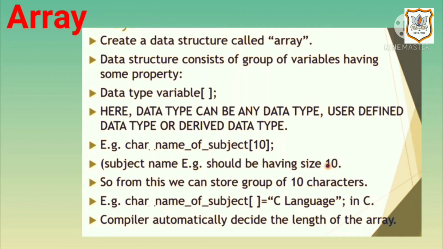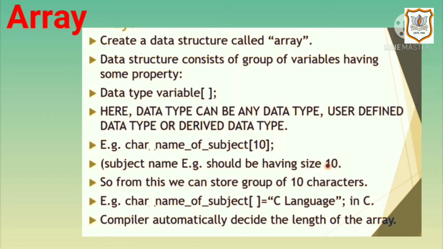First is array. An array is a data structure that consists of a group of variables having the same property. The syntax for defining an array is data type variable, inside the square brackets size, semicolon. Here, data type can be any data type, user-defined data type or derived data type. Example, char name_of_subject inside square brackets 10, semicolon.